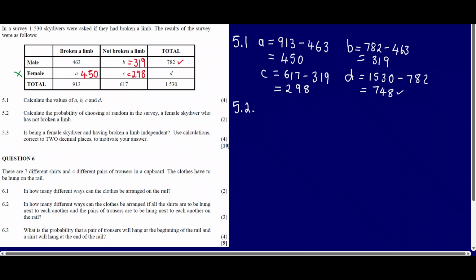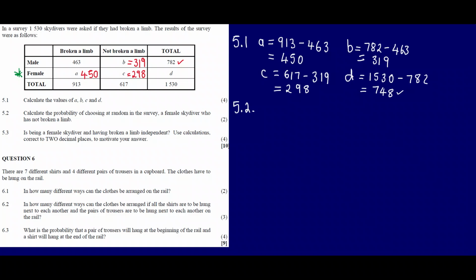So let's go and take a look at the females. The female category is over here, right? And we're looking specifically at the one that has not broken a limb. So for not broken a limb, the intersection there is 298.